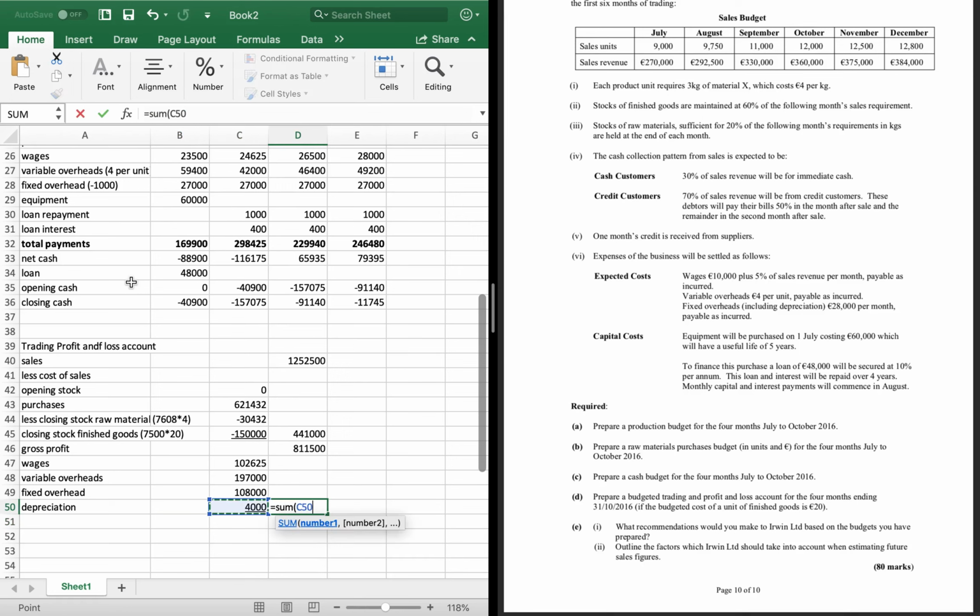Obviously, you always have to show interest separately in accounting, so we'll take those expenses away, and then we'll take away our interest. The interest was 400, 400 and 400, 1,200 there, which we'll take away. And that gives you your final answer, your net profit of 498,675.